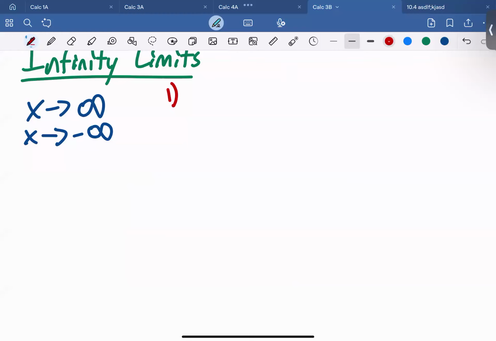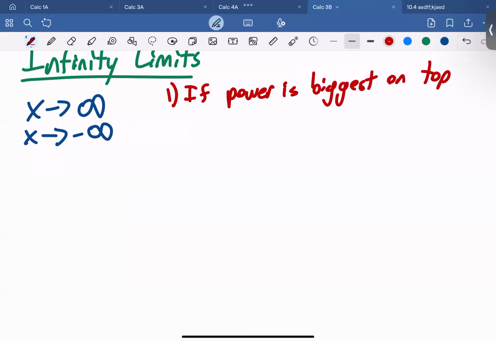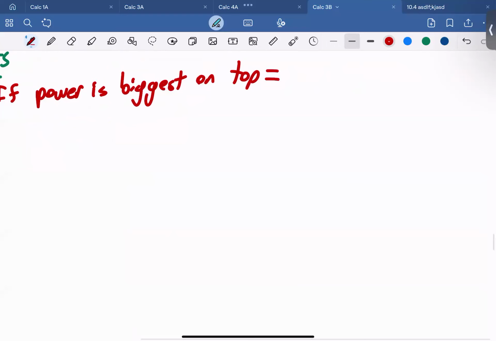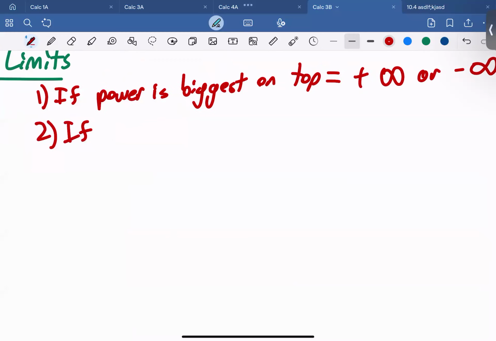First rule, okay, if power is biggest on top, okay, our answer is going to be either positive infinity or negative infinity, right? If power is biggest on bottom, this means your answer is 0.